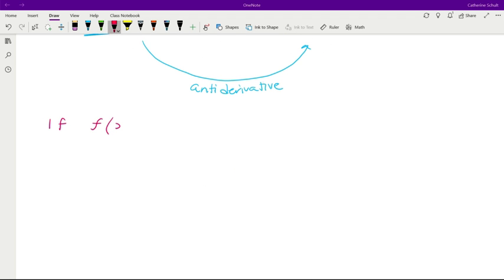if f of x is a power function, an exponent function like x to the n, the antiderivative moves backwards again. So we're going to add 1 to the exponent. And actually, hold on.